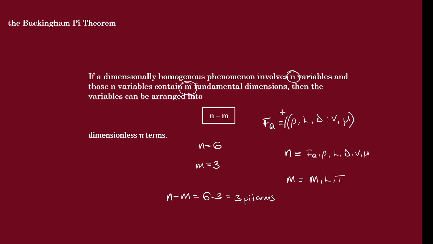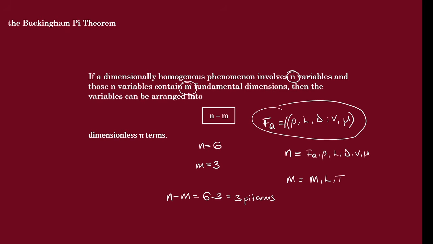You have a certain phenomenon that has certain variables involved that come to create a certain output. You first of all ask yourself how many variables are here, then ask yourself the number of fundamental dimensions, and you can tell in advance the number of pi groups that you are going to have. So that's the advantage that Buckingham Pi theorem has over Rayleigh's method. Because when doing Rayleigh's method, you're sort of going in blind to your solution.